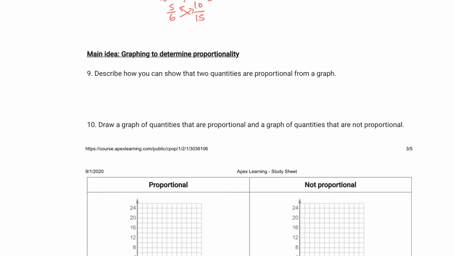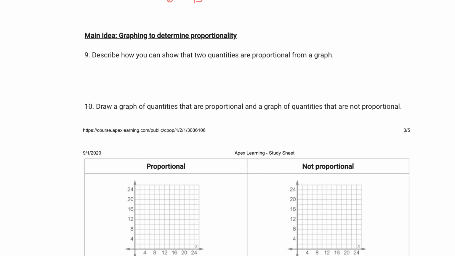Okay, now getting to the main idea, graphing to determine proportionality. Describe how you can know that two quantities are proportional from a graph. This is how you know.